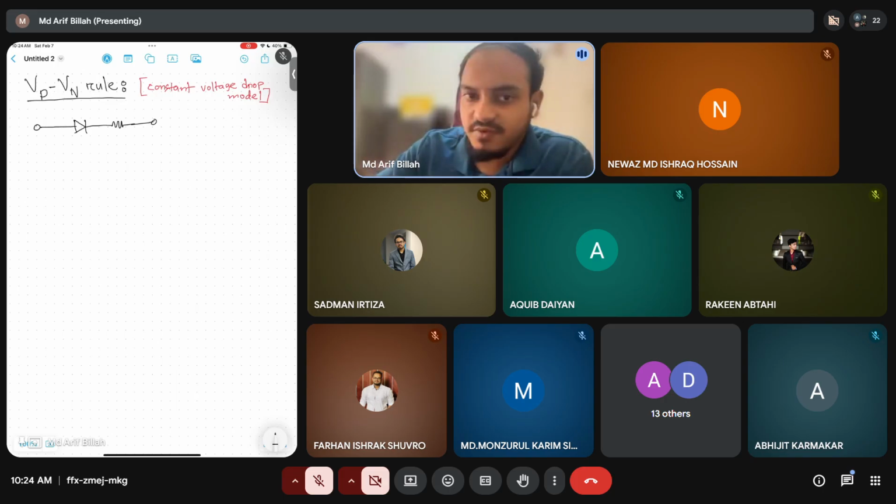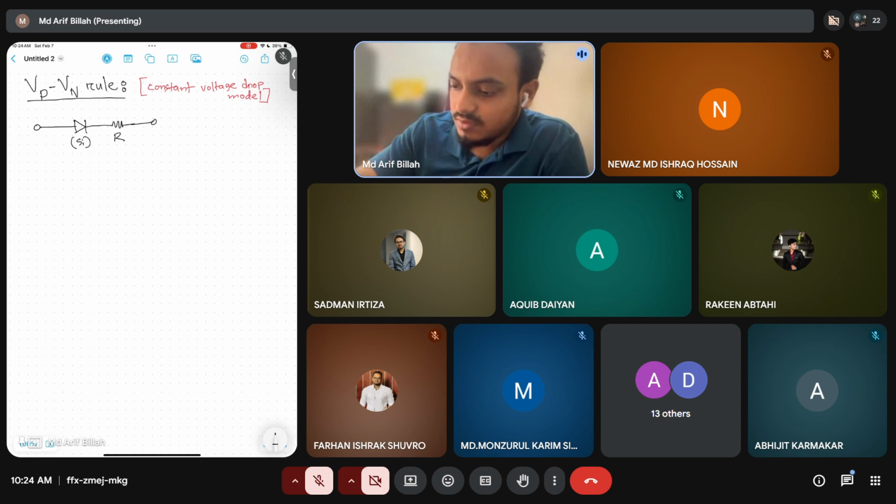Okay, let's say you have a diode and a resistor in series. This is a resistor, this is a silicon diode, and here V1, V2. This is 5 volts, this is 2 volts.